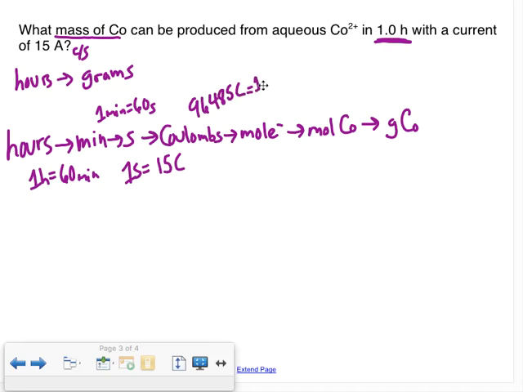All right, moles of electrons and moles of cobalt, well, that depends on the cobalt. Now, since we're starting with cobalt with a charge of 2 and we're forming cobalt atoms, every cobalt needs 2 electrons. So for every mole of cobalt, we need 2 moles of electrons.